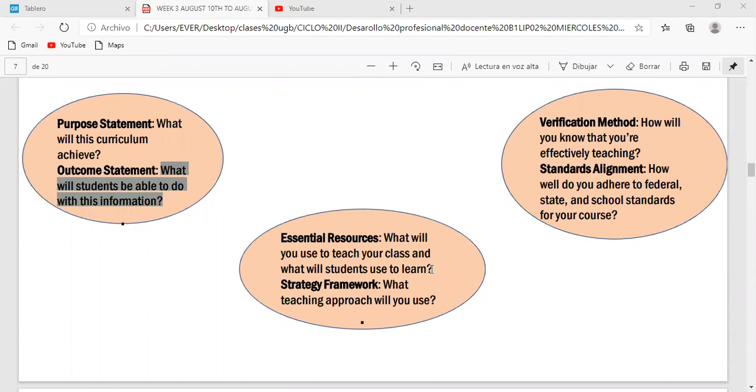Strategy framework. What teaching approach will you use? In this part, pay special attention because here you're going to first think about your students, about their learning styles, about their needs, and then you can select one approach or maybe more than one in order to meet students' needs, because that is essential.